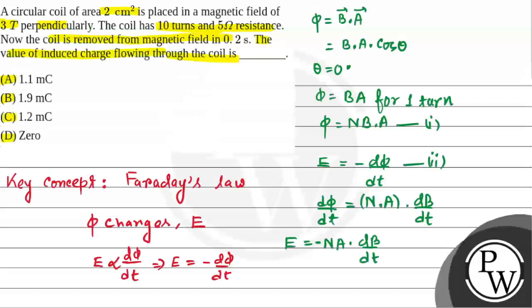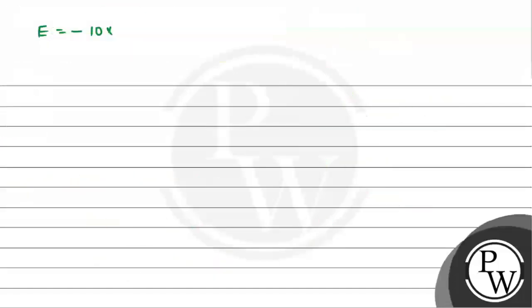Now we will put the value of each term. So we'll get E equals minus n, whose value is 10, into A, whose value you can see from this slide is 2 cm². So 2 cm² means 2 into 10 to the power minus 4 meter square. Okay, and the change in magnetic field is 3 minus 0.